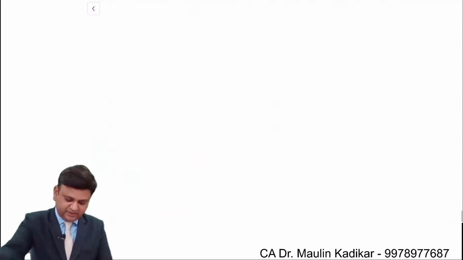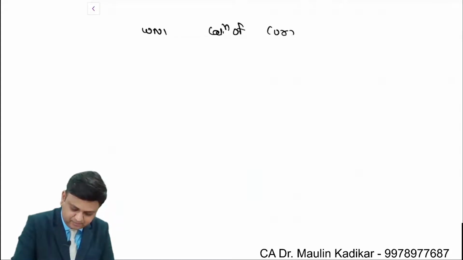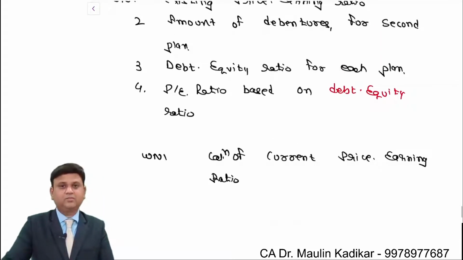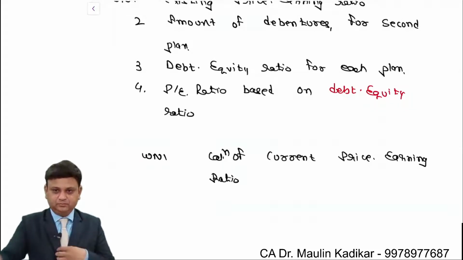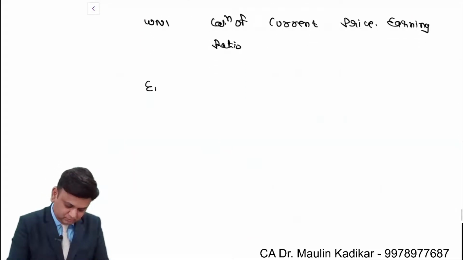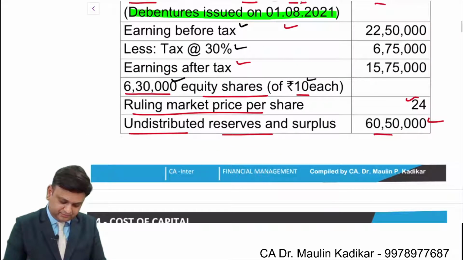Write down working note number 1. Calculation of current price earning ratio. Please tell me answer of the current price earning ratio. Please write an answer. Earning after taxes is already provided to us an example.